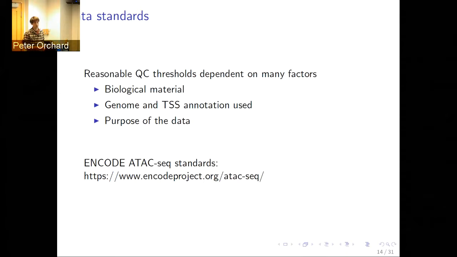You also might expect different cell types to show different genome-wide chromatin accessibility patterns. Something like embryonic stem cells might just have more accessibility in general than a more differentiated cell type, so you might expect different QC metrics from those lines naturally. Similarly, the purpose of the data should be taken into account. So in general, it's good to look at the distribution of all of your metrics and compare it to public data from similar cell lines.